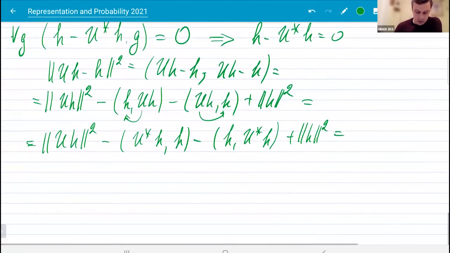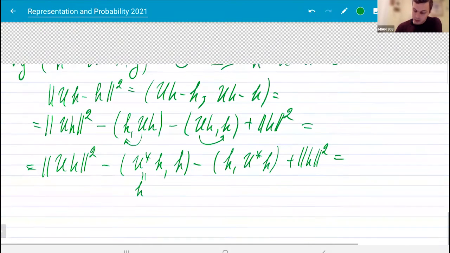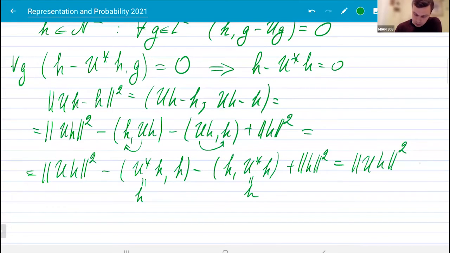And finally, I do the following. I just, and this is H, because I know this. So this is H, and you have the norm of UH squared minus the norm of H squared.